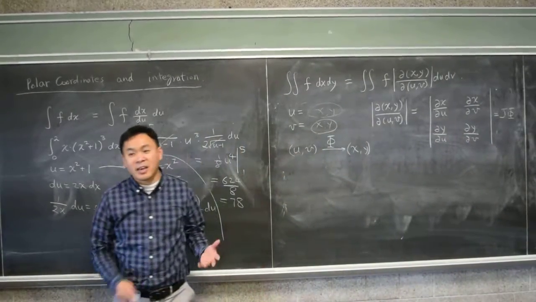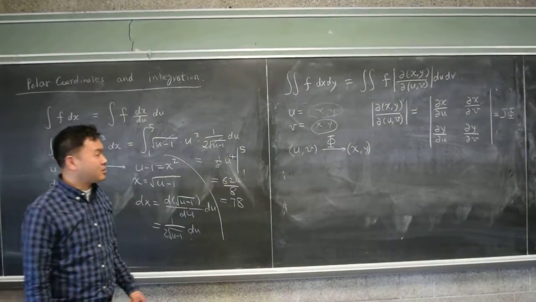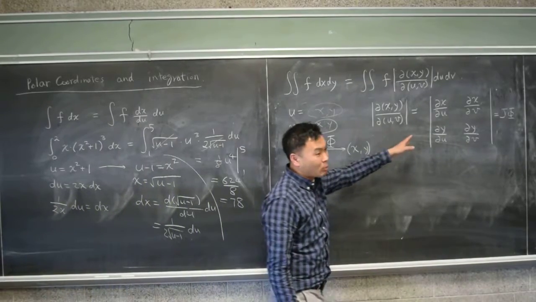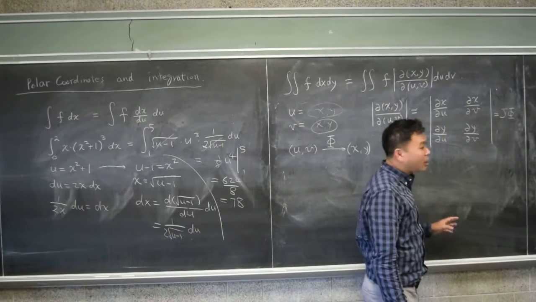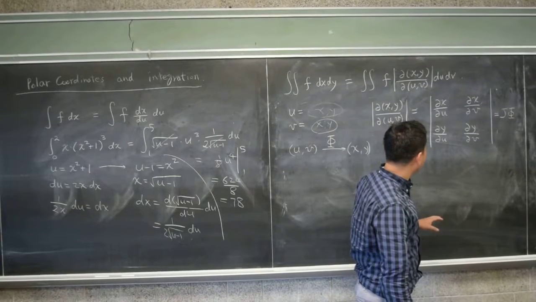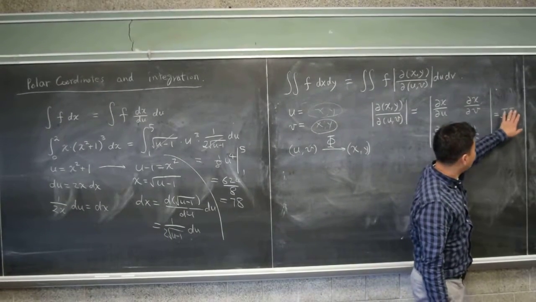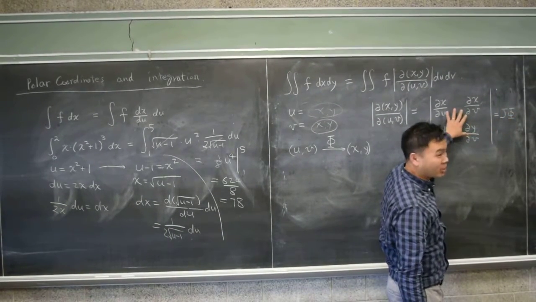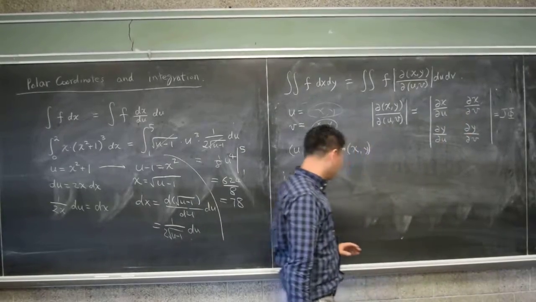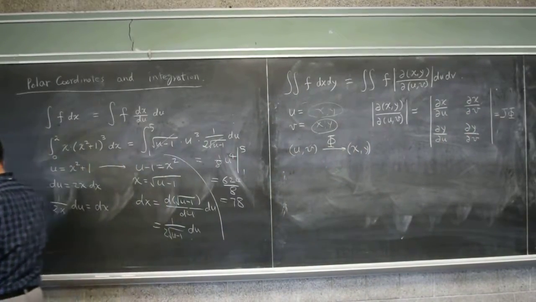So that's the name, but all I want to say is that's the name. This is called a Jacobian. And for our purposes, we don't really need to know this symbol. We just have to know how to calculate this. All right.